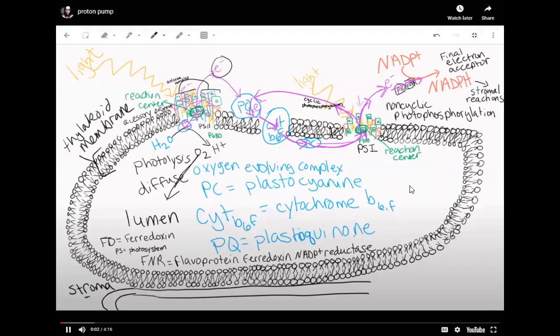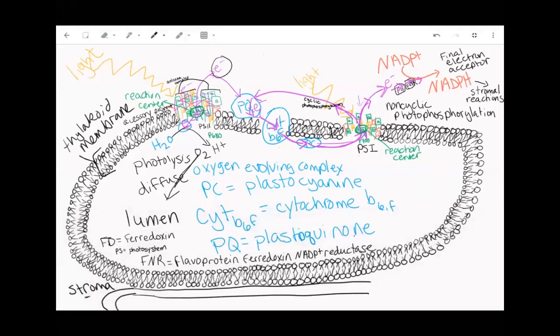All right, so we're back up here with our oxygen evolving complex, where light energy came in and some of it was used to split that water apart during photolysis.